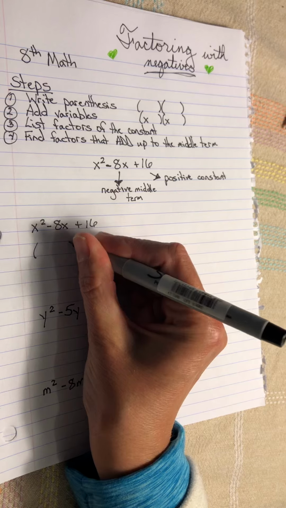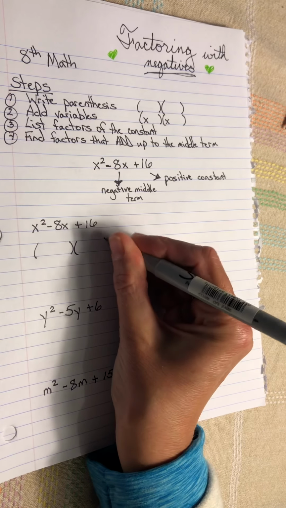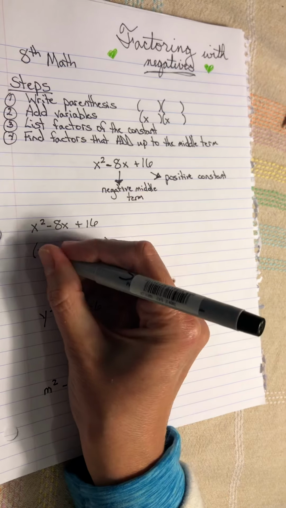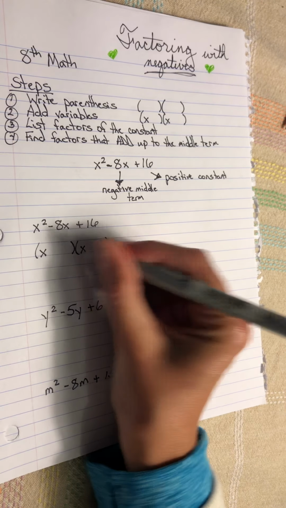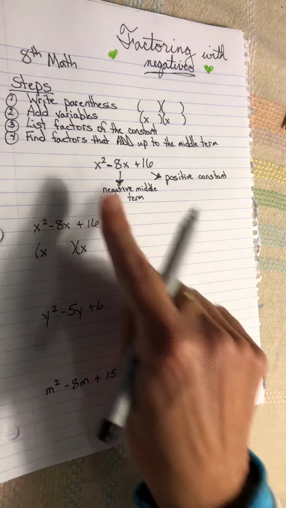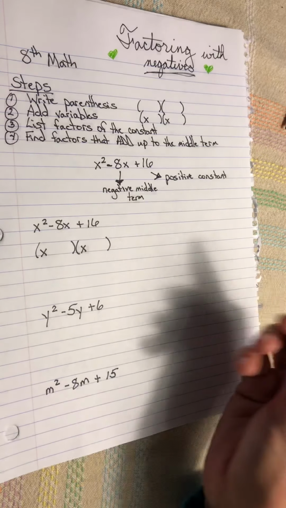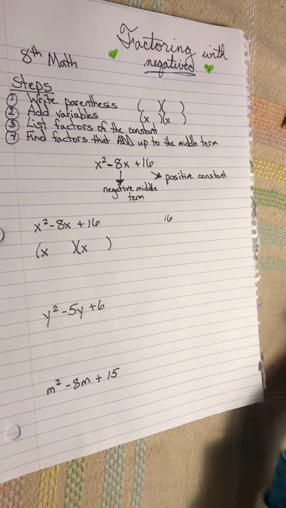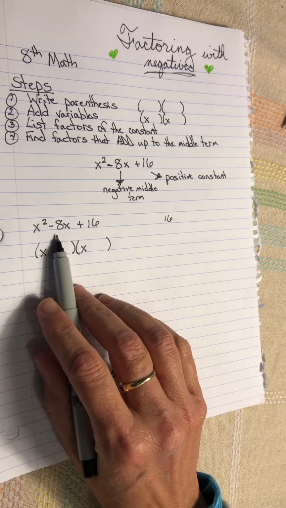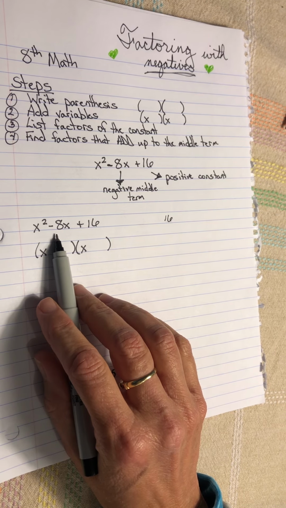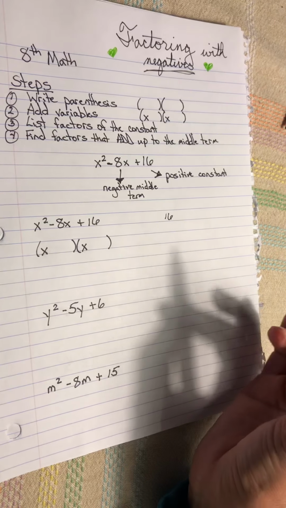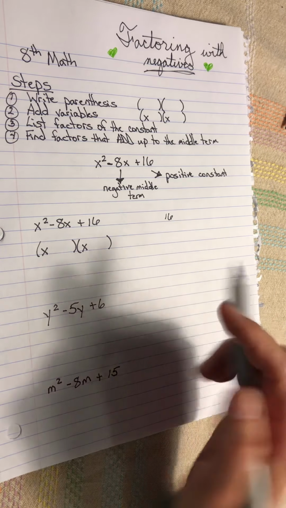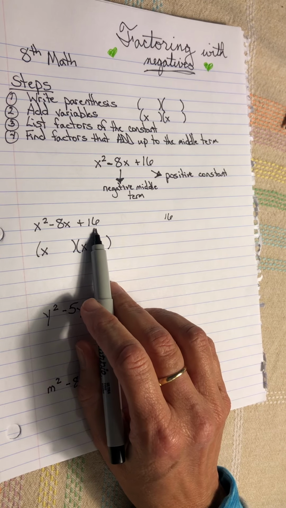So parentheses first. Our variable is x squared, so we're going to put in x times x. Step 3, list the factors of the constant. Our constant is 16. But to have a negative in the middle, that means both factors must be negative, because when we multiply two negatives together, we get the positive.